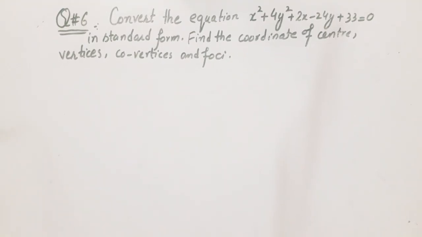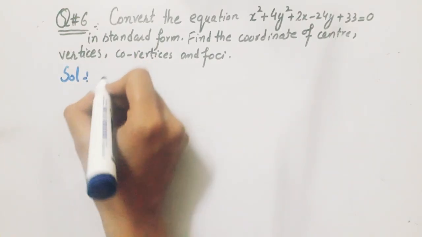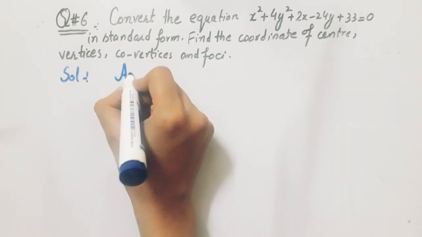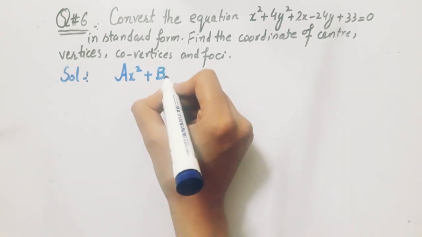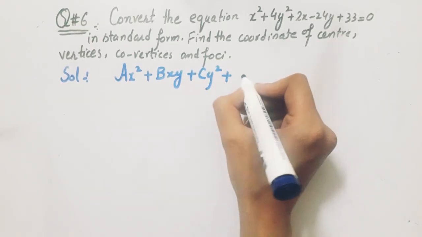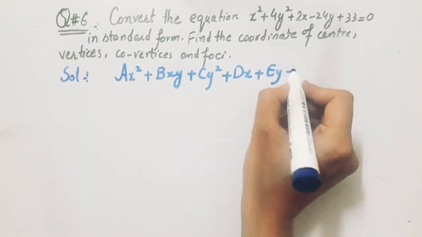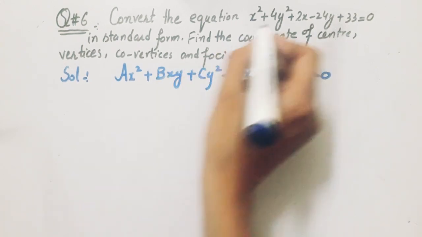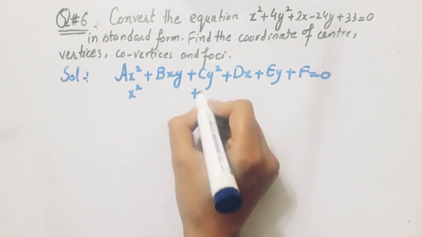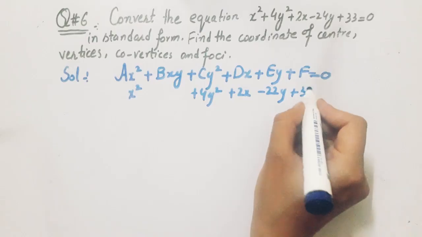First of all, we will identify the type of conic equation, which type this equation is. For this purpose, we will write the general conic equation in the form ax square plus bxy plus cy square plus dx plus ey plus f is equal to 0. Now our given equation is x square plus 4y square plus 2x minus 24y plus 33.